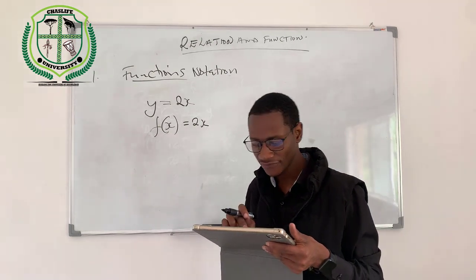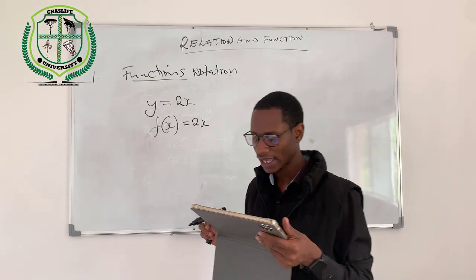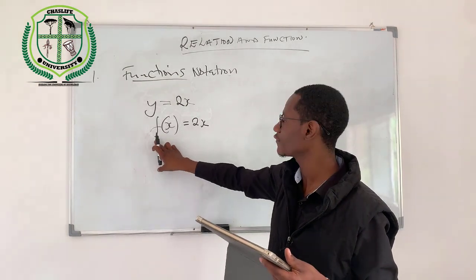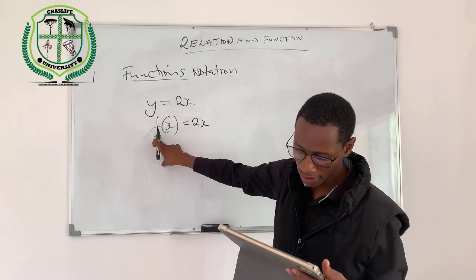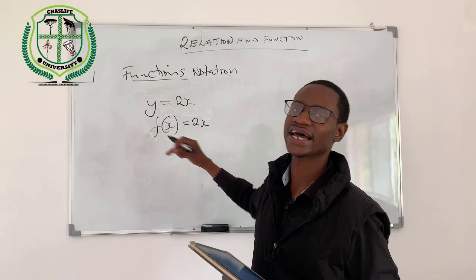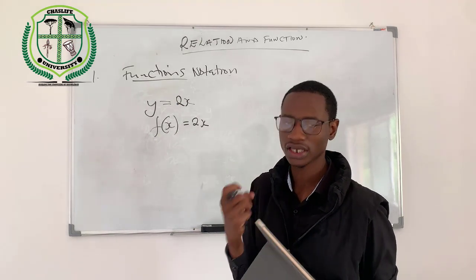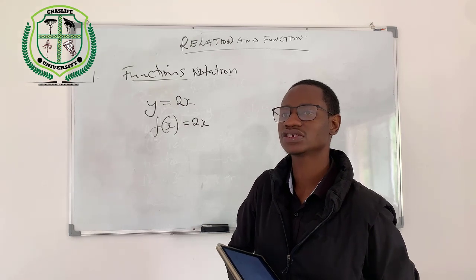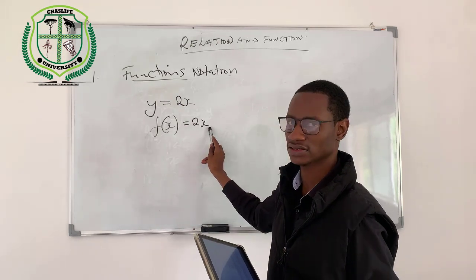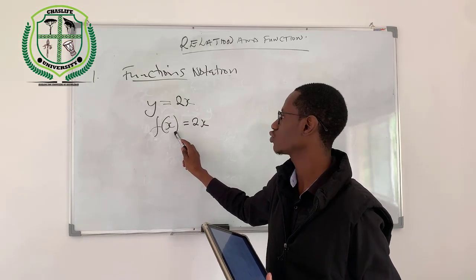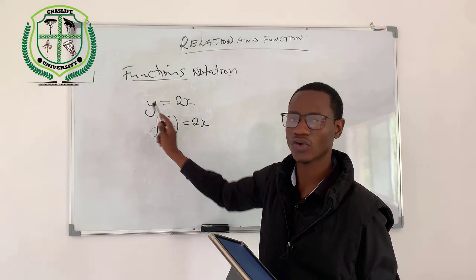Okay, where f is the name of the function, and x is an input value. What we mean is that we need to find out the value of x to know what will give us y.